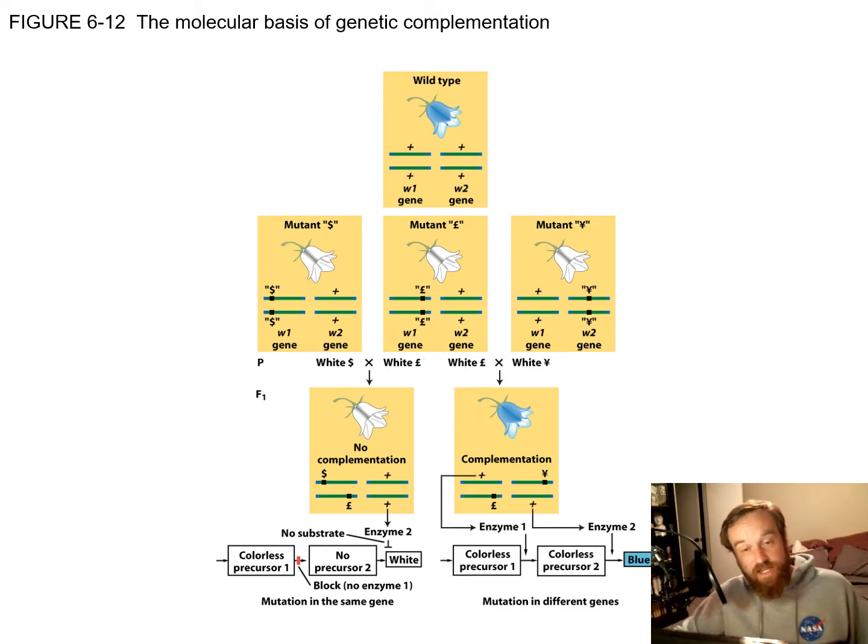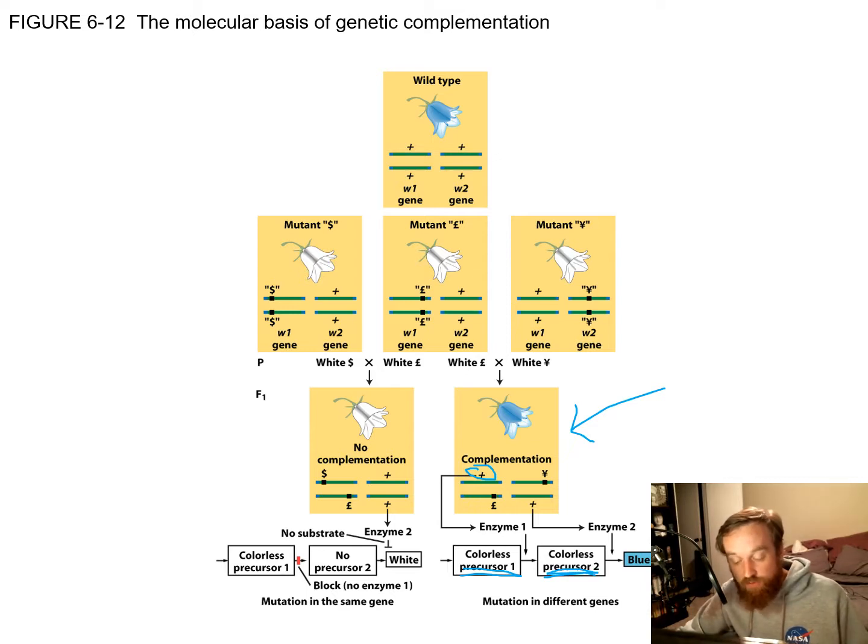We're going to explain this rescued phenotype with the same biochemical pathway that we used in the previous example. In the F1 generation of the second cross, we have one functional copy of gene W1 given to us from the yen individual, and that is enough, it's haplosufficient, a term that we used previously, to convert colorless precursor 1 into colorless precursor 2.